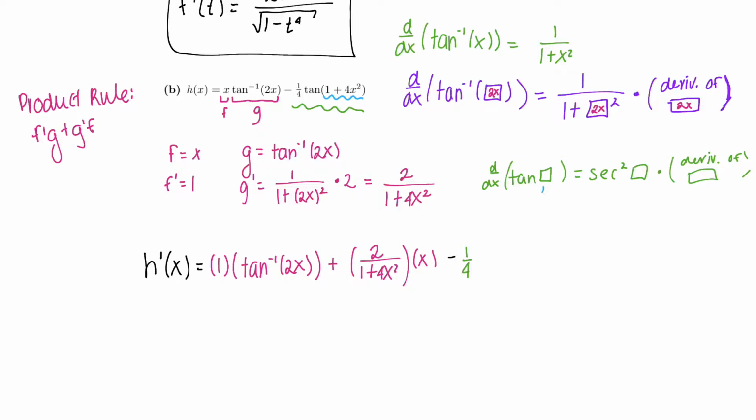In our case, this little box is 1 plus 4x squared. I know it got very cramped in there. So 1/4 secant squared of 1 plus 4x squared is the derivative of the outside times the derivative of the inside. The derivative of 1 plus 4x squared is going to be 8x.